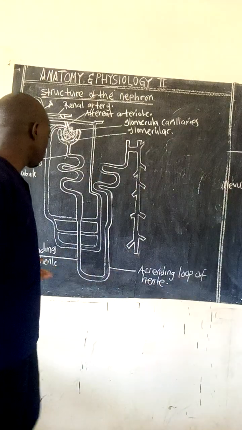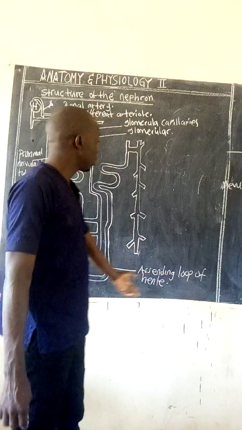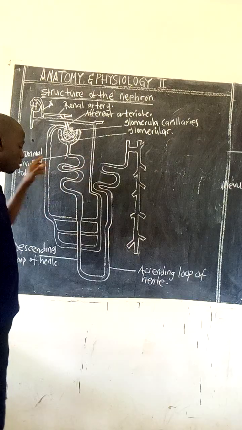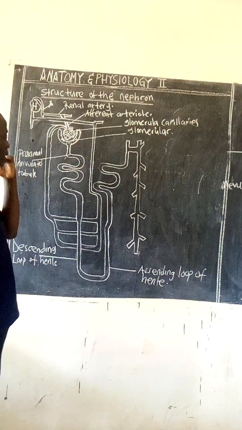So we have the descending loop of Henle and the ascending loop of Henle. The descending and ascending together are called the loops of Henle.